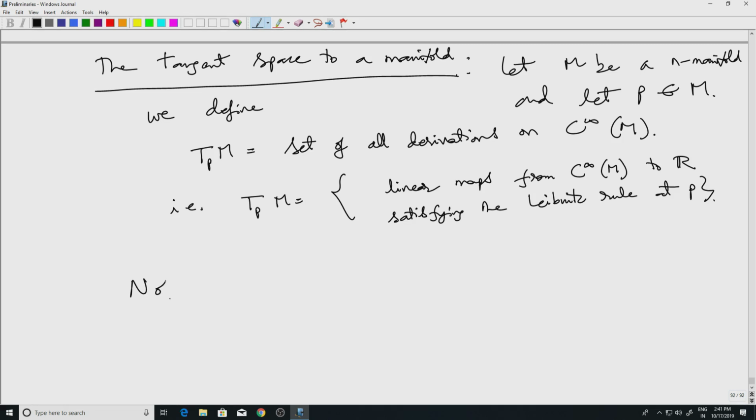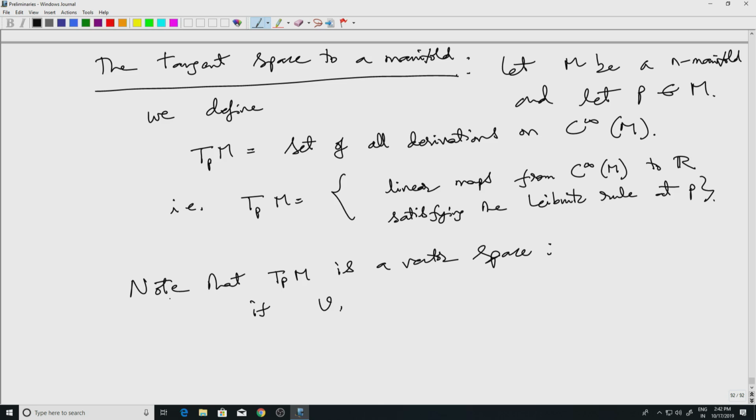Note that TPM is a vector space. In other words, let's use a different notation for elements of TPM.